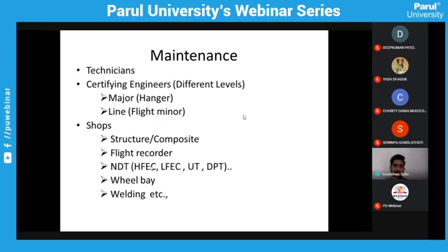A is for 30 days, B is for 90 days, and C is for 1 year 6 months for a few aircraft, and D is for a 12-year or 4-year check depending on the aircraft. Depending on the model, we have different types of periodic checks.